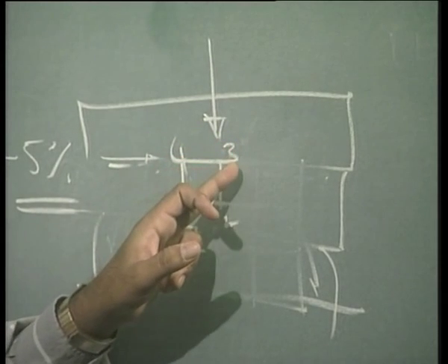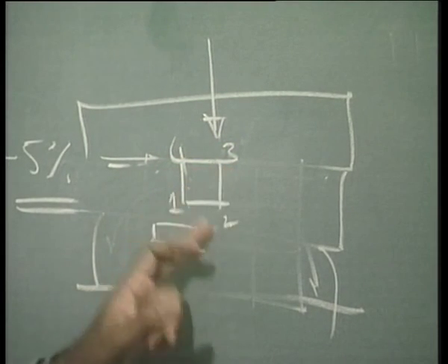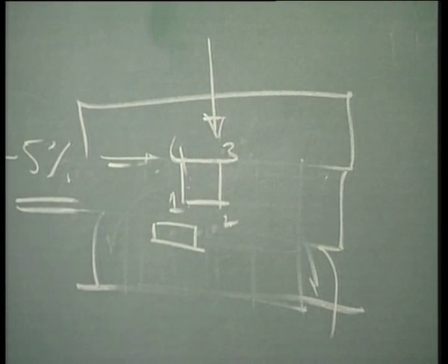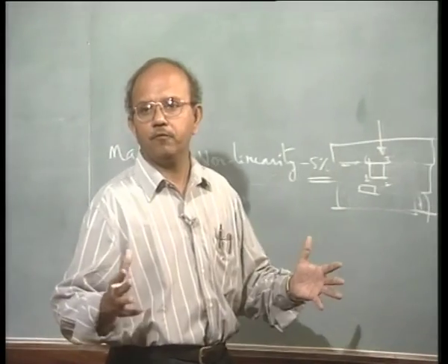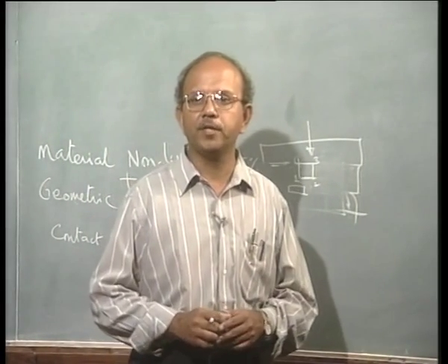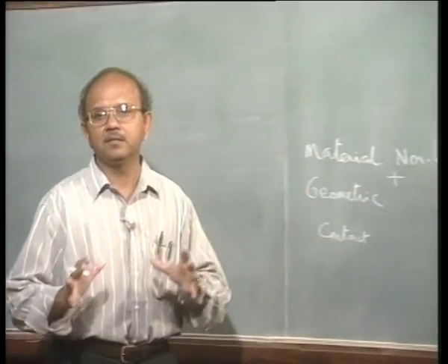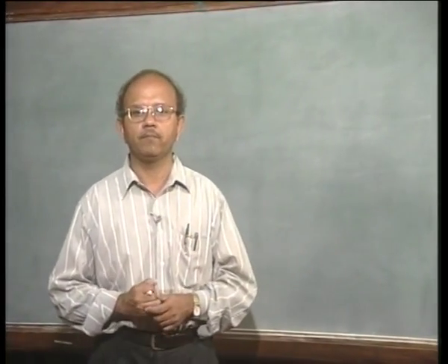Position wise also, note that carefully, they cannot be considered to be the same, and hence we say that the problem is geometrically nonlinear when the final deformed mesh and the original mesh are not at the same position.